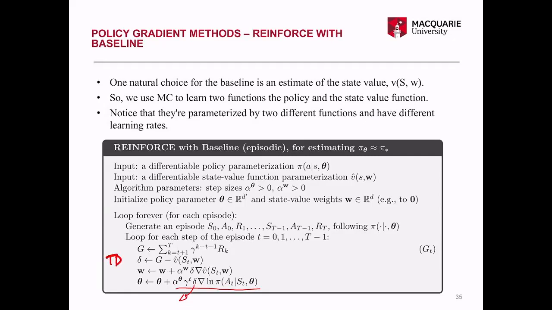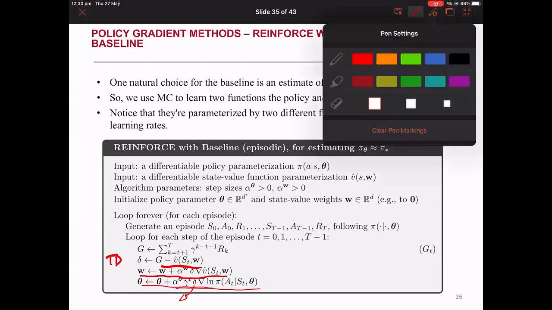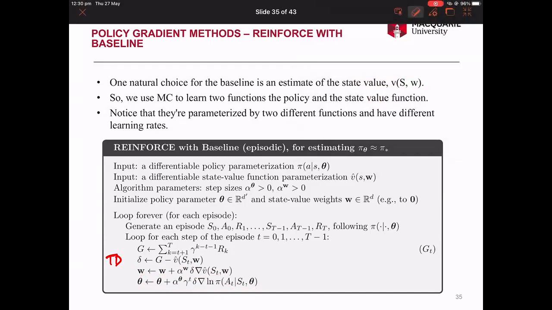So in each step, when you're calculating the return, you subtract that from the value of a state, and you update the parameters of the value function and the parameters of the policy at the same time. And this is the closest thing to actor-critic algorithms.